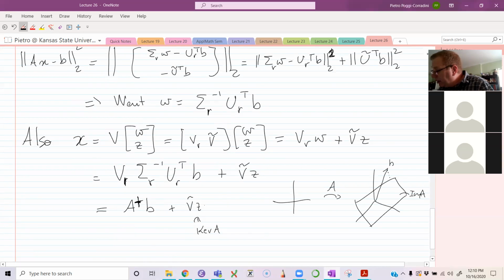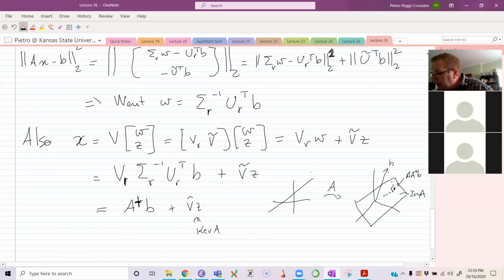And the idea is that you project orthogonally down. So this is going to be A plus of b. But now this actually comes from a whole set of vectors, which is a translation of the kernel.